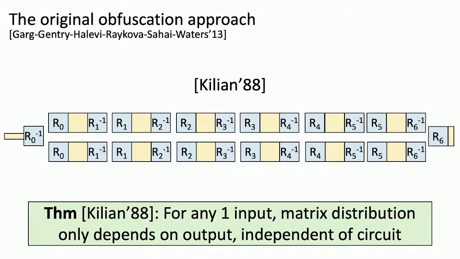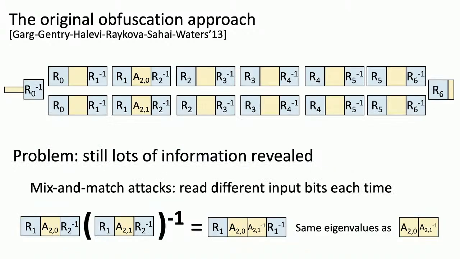Okay, so the problem is that this is still not good enough. There's still a lot of information revealed in one of these re-randomized branching programs, and there's at least two things that you might be worried about. One is something called mix and match attacks, where, let's say this column and this column read the same input bit.